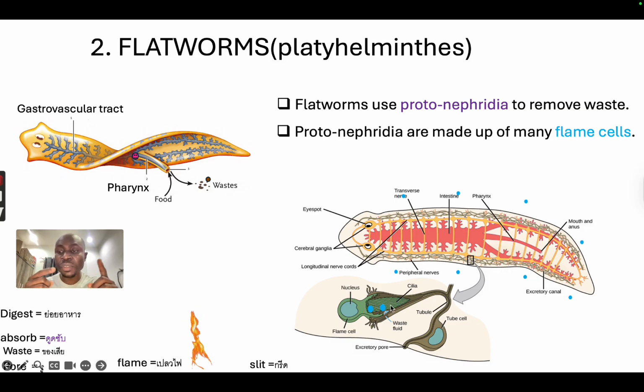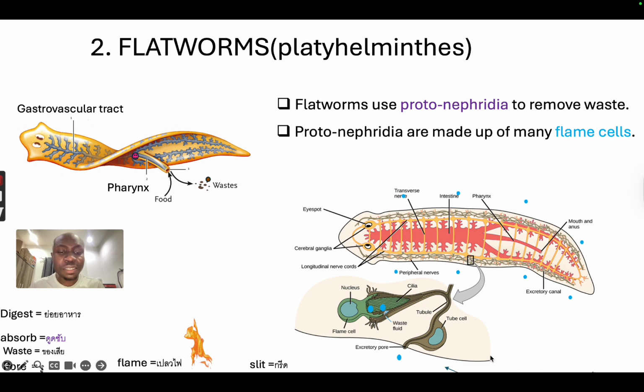When the cilia moves, it will suck the water into the cell, and the water will be pumped out. Now, when the cilia are moving like that, they look like the flame of a fire, and this is where they get their name from, flame cells. So they pump the water out.